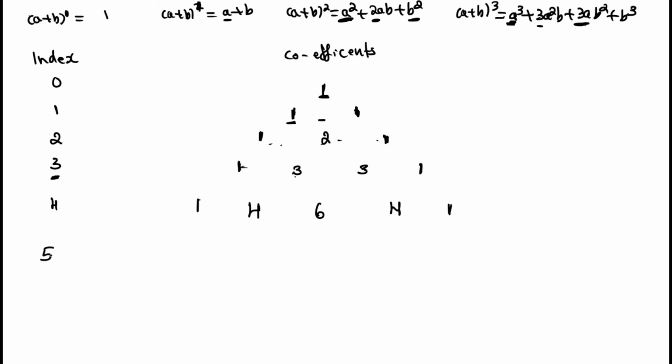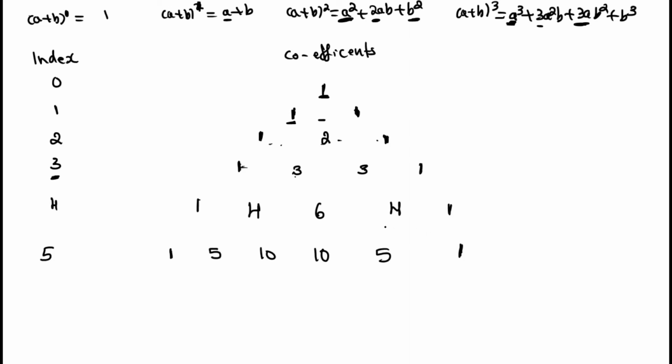Then you can write it as: first write this 1, then 1 plus 4, it's equal to 5. 4 plus 6, it is equal to 10. Then 6 plus 4, it is equal to 10. Then 4 plus 1, it's equal to 5. Then you need to write the remaining 1.